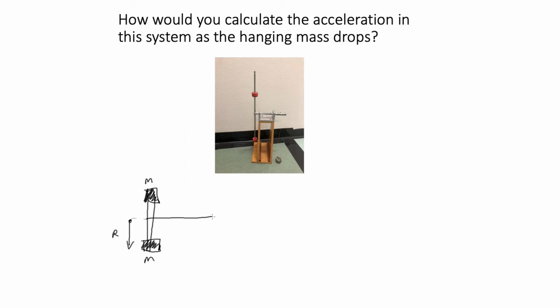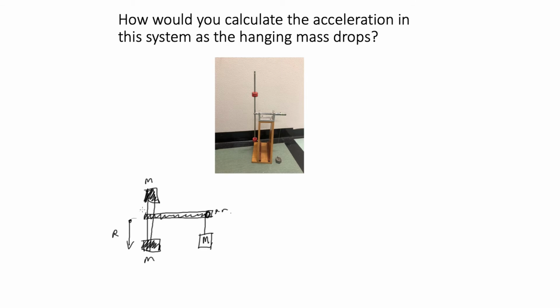And then this rod is connected around a kind of fattish, again massless, beam with a radius little r. And then we've got a string wound around here with some hanging mass, which we'll call capital M here.